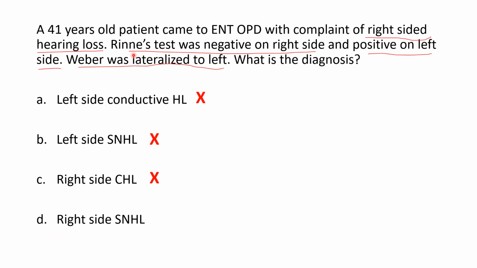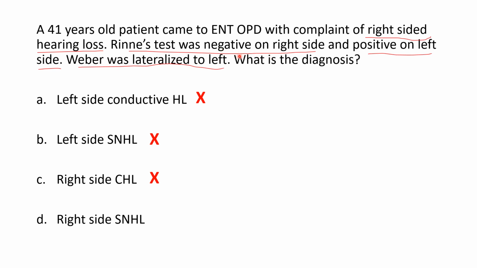Now the question here will be, if the patient is having sensory neural hearing loss on right side, then why is Rene test negative on right side? It should have been positive. So the correct explanation to this is that this patient is having a false negative Rene on right side.